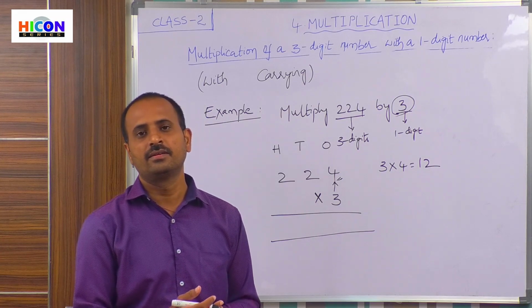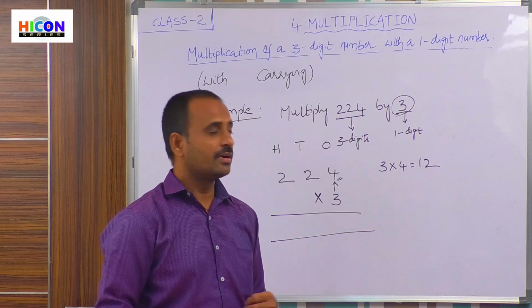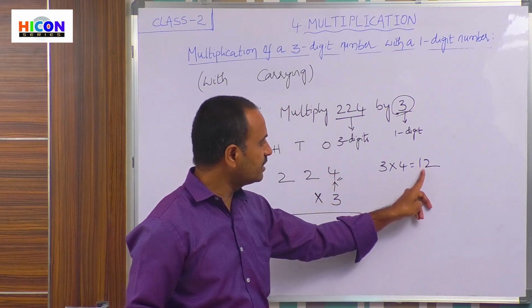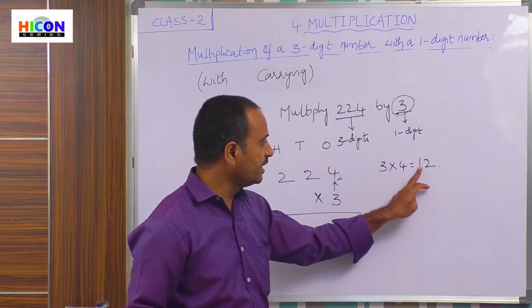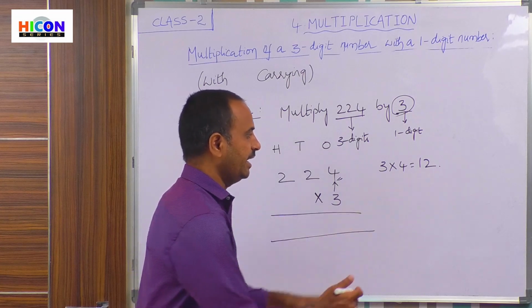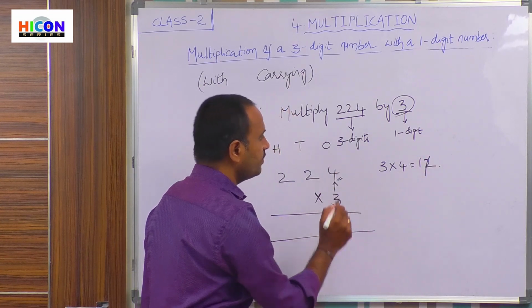So how to carry? If the product is a 2-digit number, write the second digit under ones place. What is the second digit here? 1 is the first digit, 2 is the second digit, and write this second digit only under ones place.